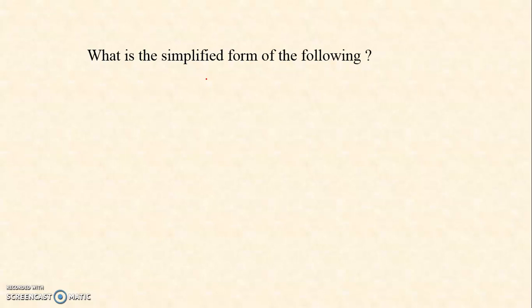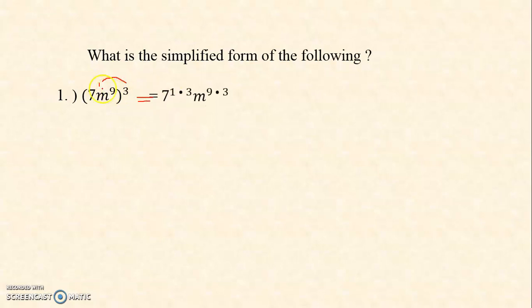Okay? What is the simplified form of the following? We have here number 1. The cube of 7m raised to 9. What is the exponent here? It is 1, and the exponent here is 9. If you are given this kind of expression, what are you going to do? You're just going to multiply the exponents.